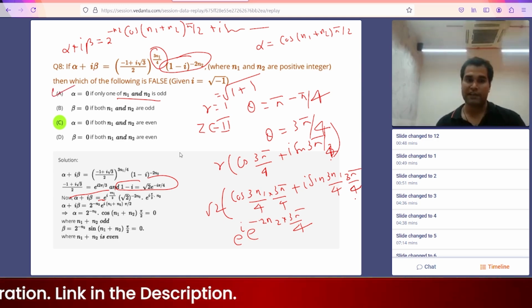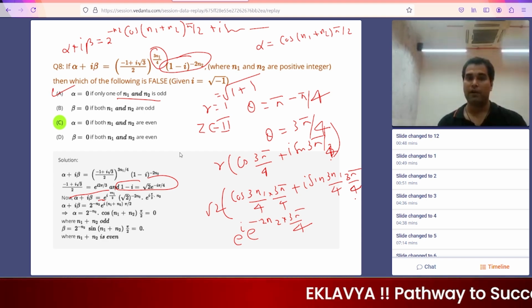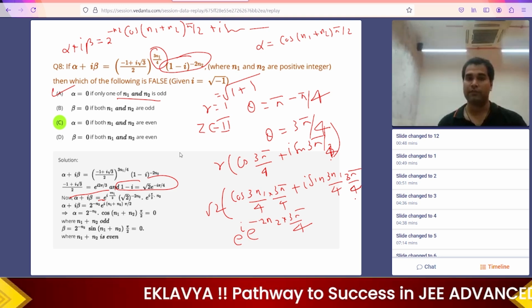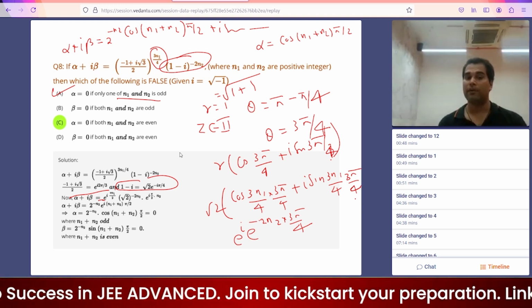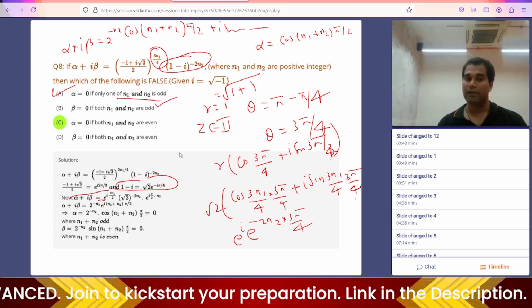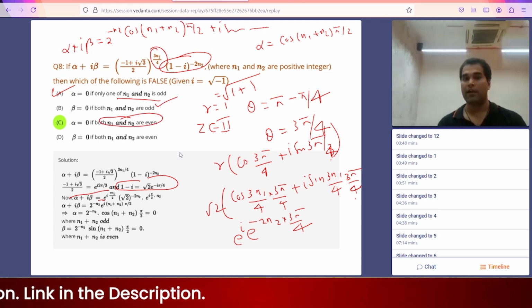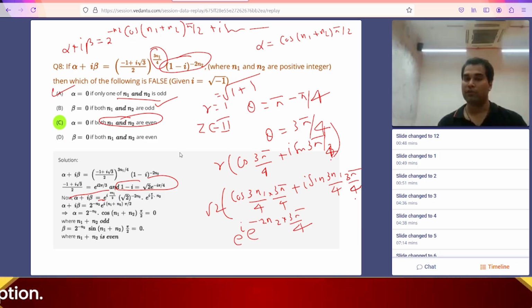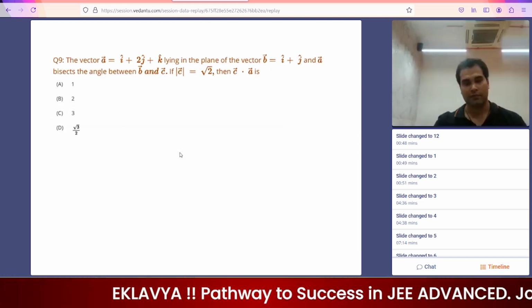This means this is a correct answer. Beta is 0 when n1 and n2 are both odd. Yes, because beta equals sine of 0; the addition of two odd numbers is an even number, and sine of n pi is 0. This is also correct. When n1 and n2 are both even, this is not equal to 0. Hence, this part is not correct.